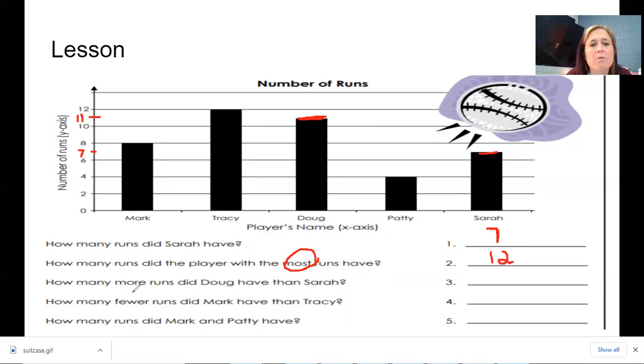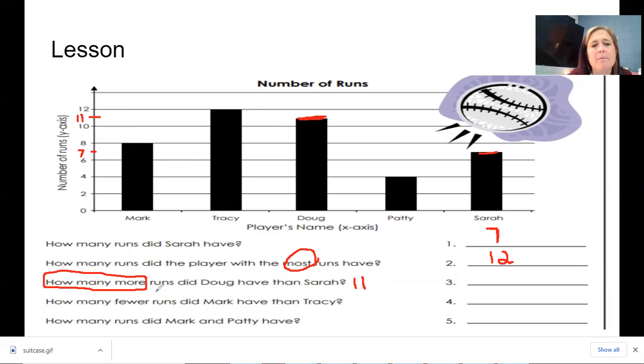How many more runs did Doug have than Sarah? Well, here are those 3 words we've talked about that say how many more. So we need to decide first, how many runs did Doug have? Well, we talked about him a minute ago and we said that he has 11. So we know that Doug has 11.